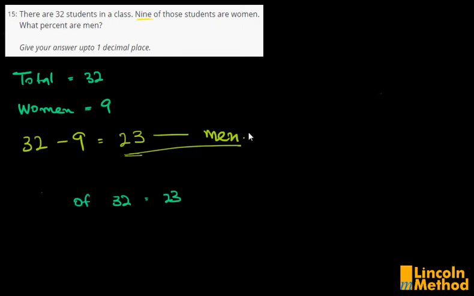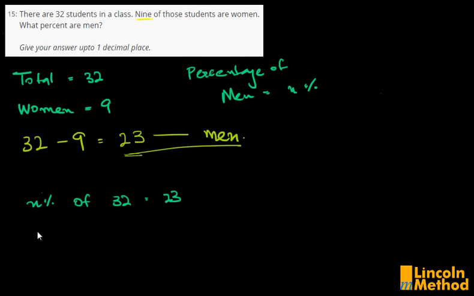So for now, let's just suppose that X percent of 32 is 23. I'll just make a note of this here. So let's suppose that the percentage of men is X percent. So X percent of 32 equals 23.